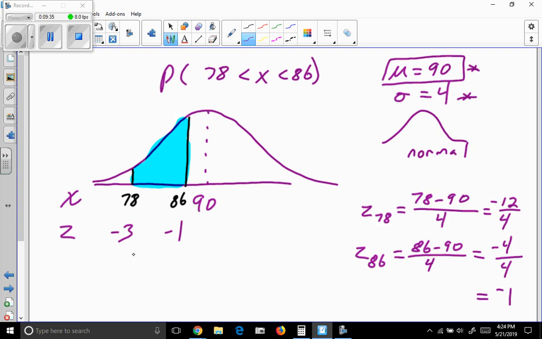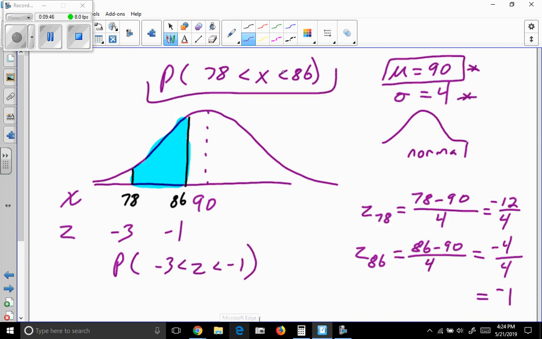So an equivalent statement would be, what is the probability that z is between -3 and -1? This is the values for our precise population, our problem, but in terms of standardized values, it corresponds to this.